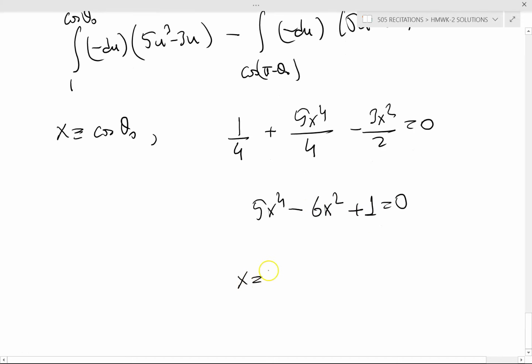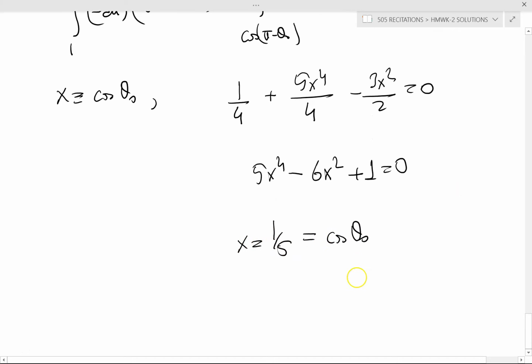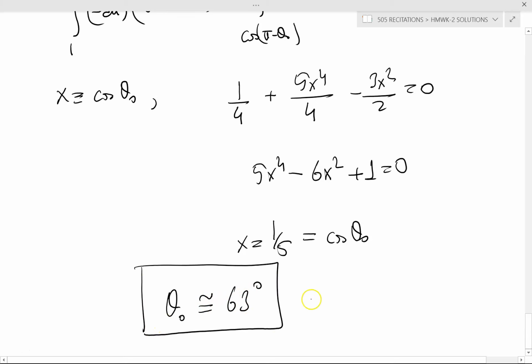Hence x is equal to 1 over 5. This is cosine theta 0, which means that theta 0 is about 63 degrees, the one that makes A3 zero.